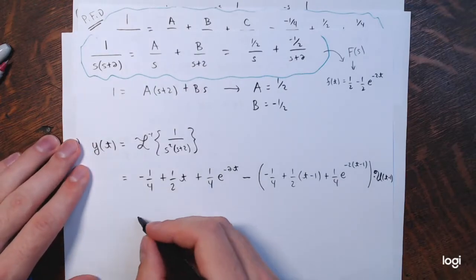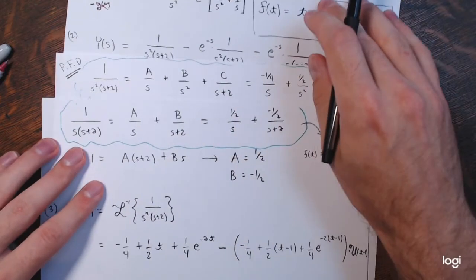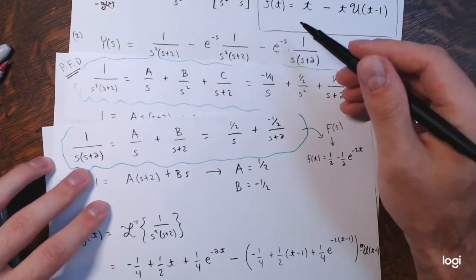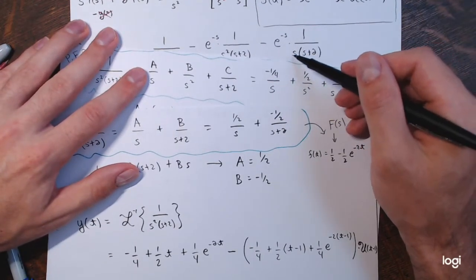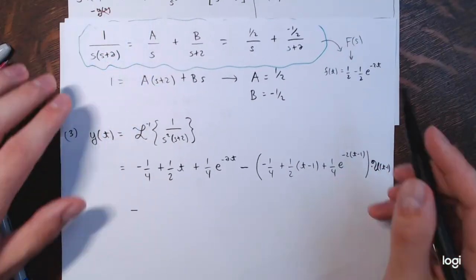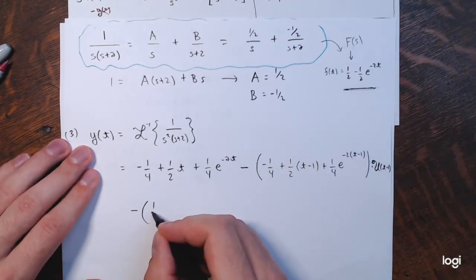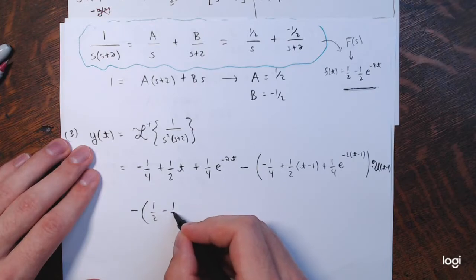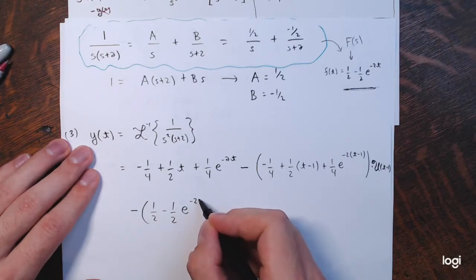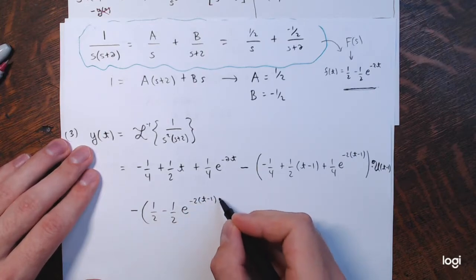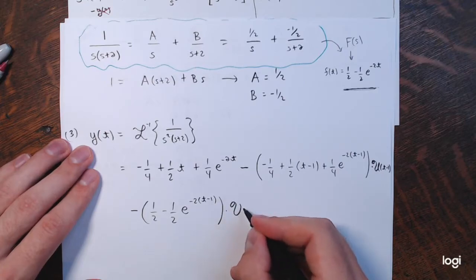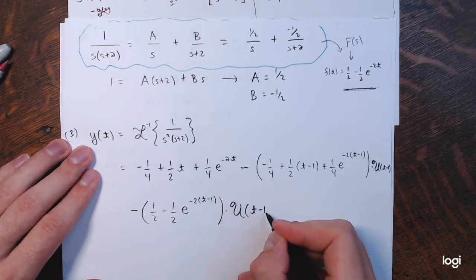All right, so this is going to be minus again, because you got minus, and then this inverse Laplace transform of e to the negative s times 1 over s times s plus 2 would be this function at t minus 1, so 1 half minus a half times e to the negative 2 times t minus 1 times the unit step function at t minus 1.